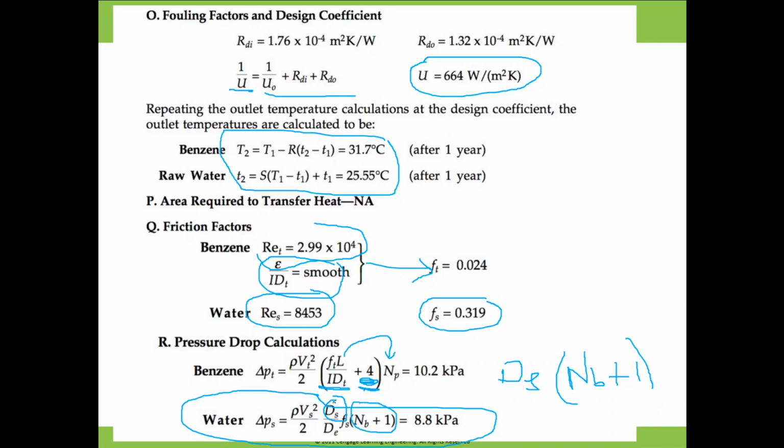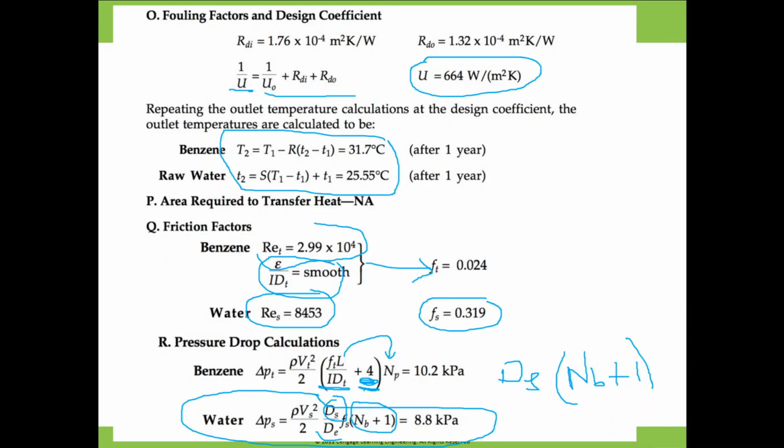So the pressure drop is 1/2 rho v squared multiplied by the length divided by the equivalent diameter and multiplied by the friction factor. The pressure drop comes out to be 8.8 kilopascal for the shell side. So now we have done the hydrodynamic analysis of the heat exchanger.